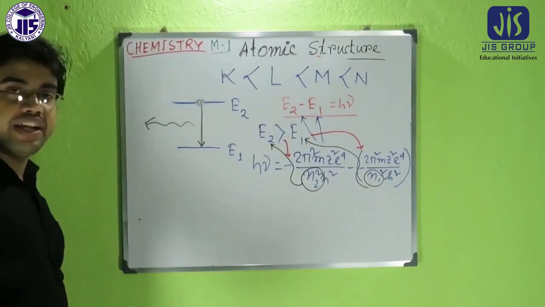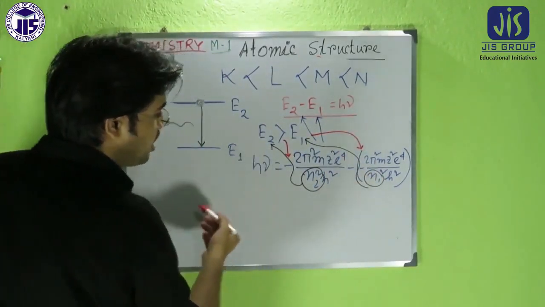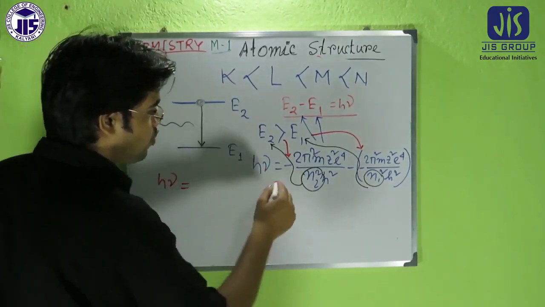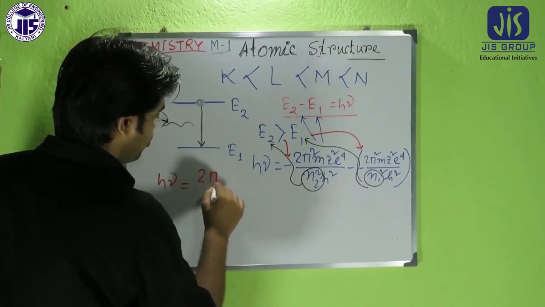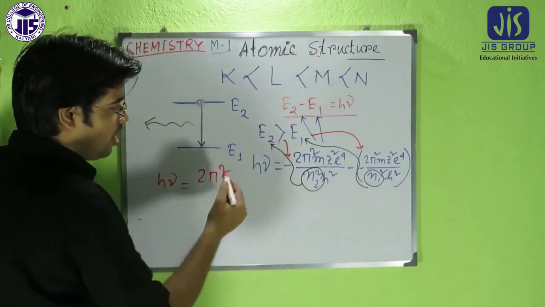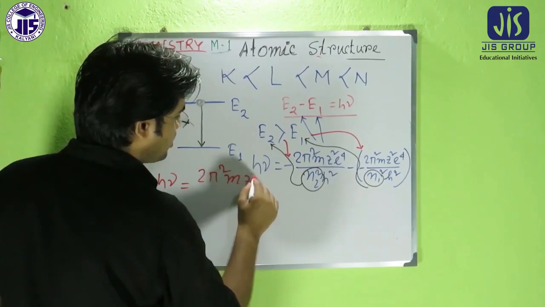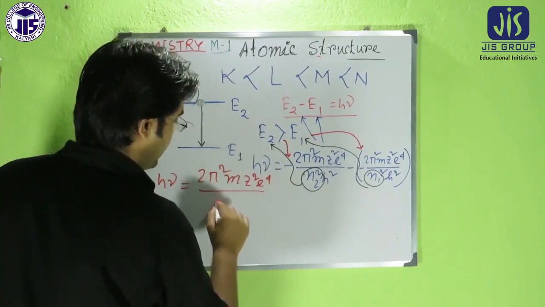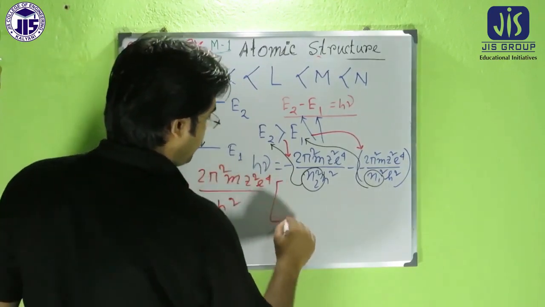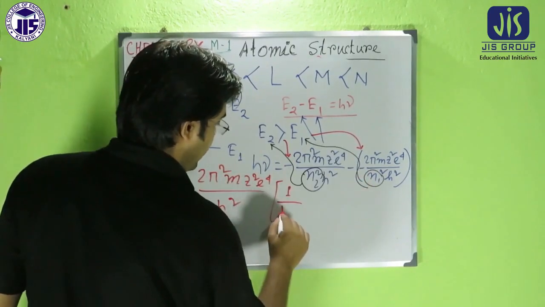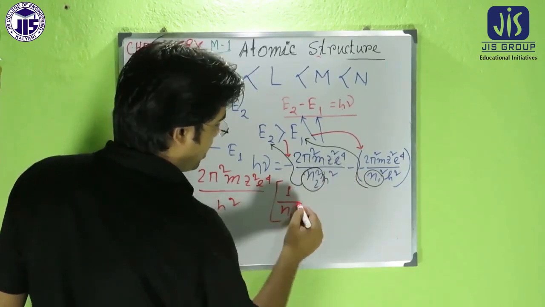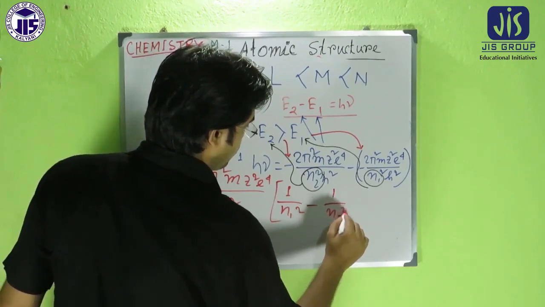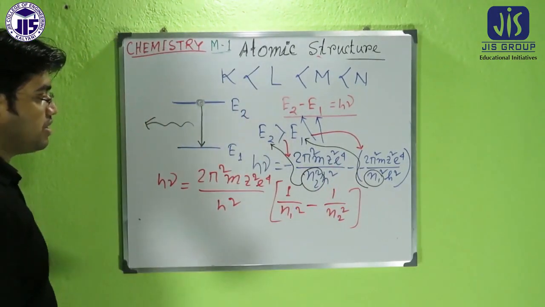From here we can write h nu equals the common term, 2 pi square m z square e to the power 4 divided by h square, times 1 by n1 square minus 1 by n2 square. So we can write that expression simply.